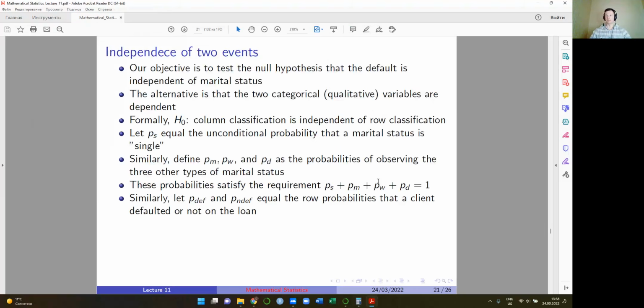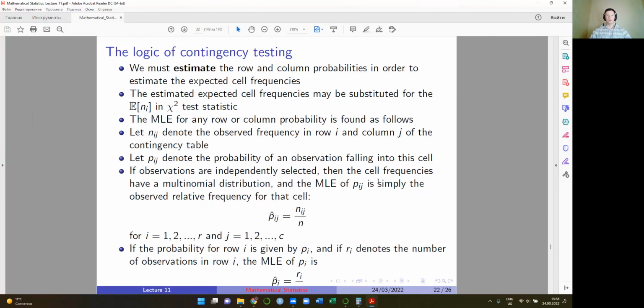So those are estimates of probabilities. For the row probabilities, we do the same.